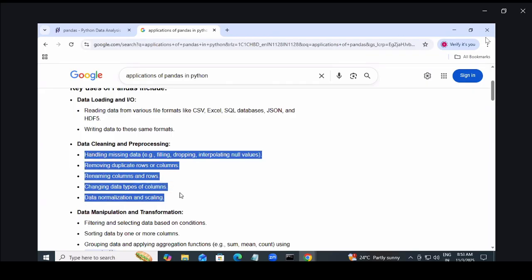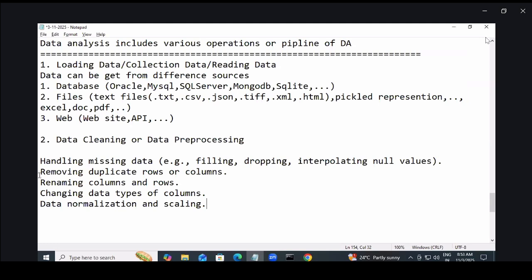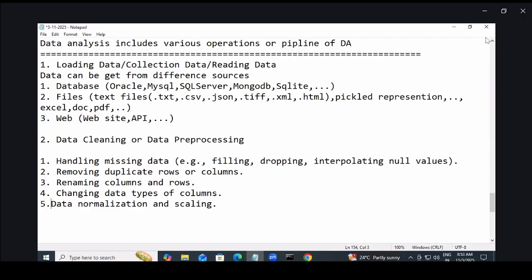But how can you do all this? Suppose you want to handle missing data: dropping, filling, interpolating null values, replacing with some other values. Removing duplicate rows and columns, renaming columns and rows, changing data types of the columns, and data normalization and scaling. All this you can do by using what?